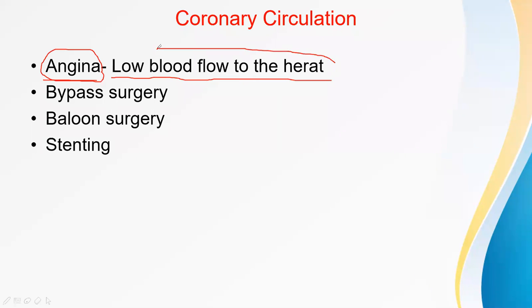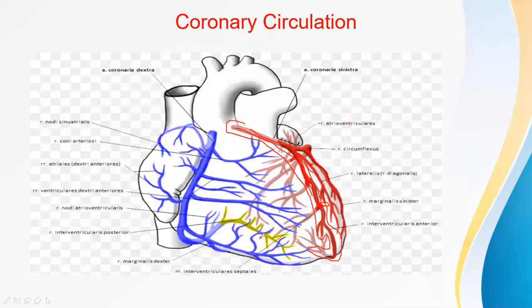So why the low blood to the heart? Just now I told you if there is any blockage in the blood vessels which supply the blood to the heart muscles, it can cause low blood flow. For example, on the screen, let's say here there is a blockage due to cholesterol.